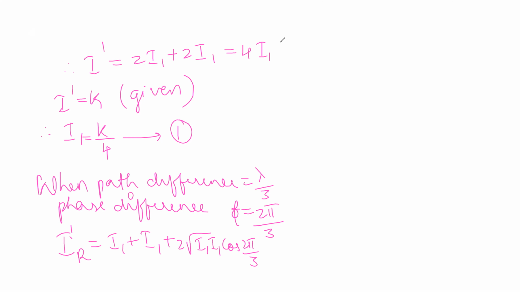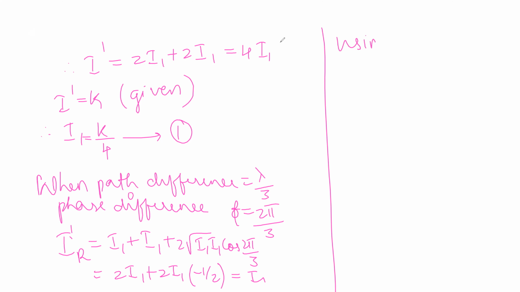If you simplify this, what does it become? 2 times I1 plus 2 times I1 into half is equal to I1. So using equation 1, we can write IR is equal to I1 is equal to K divided by 4.